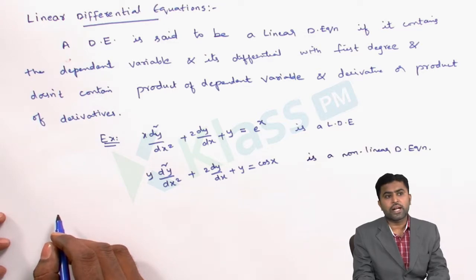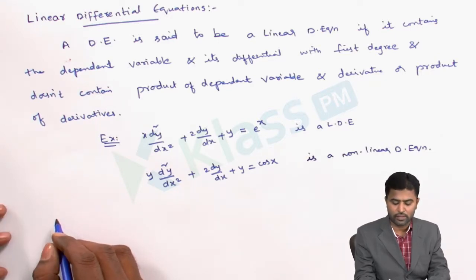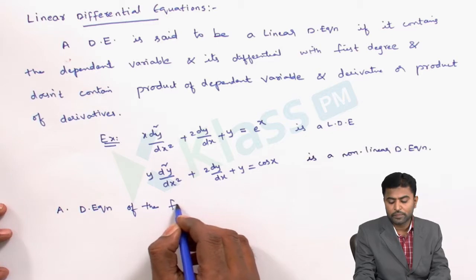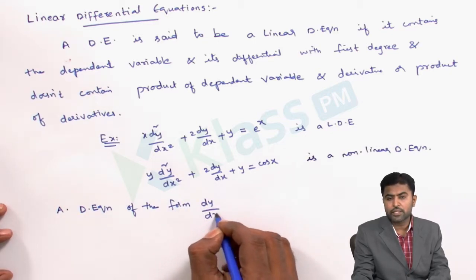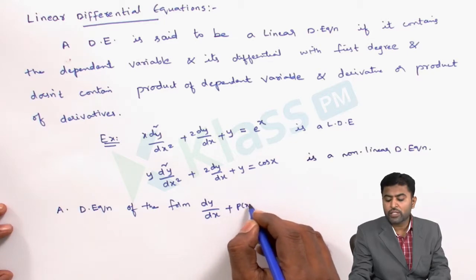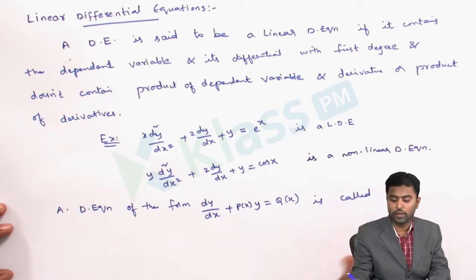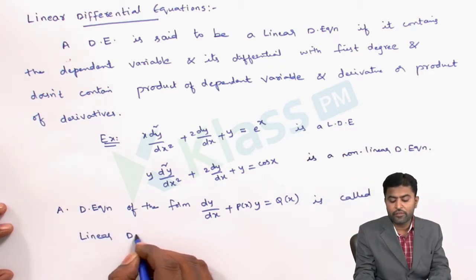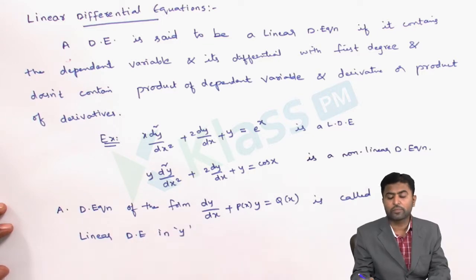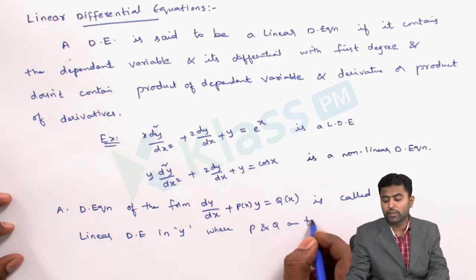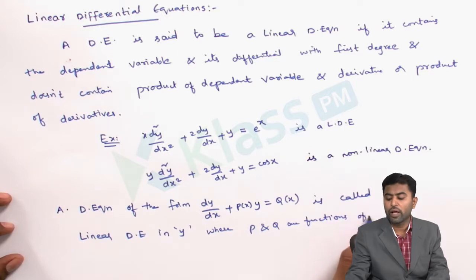We write about the standard form of the linear differential equation in y and the standard form of linear differential equation in x. A differential equation of the form dy by dx plus p of x into y equal to q of x is called linear differential equation in y, where p and q are functions of x.